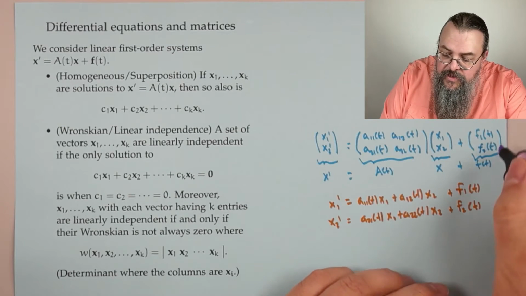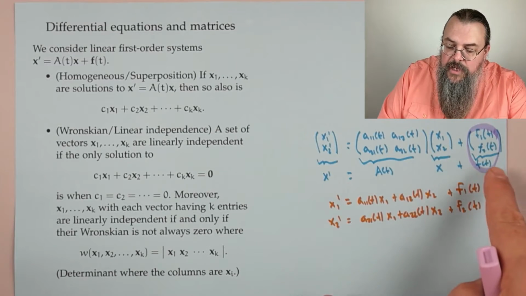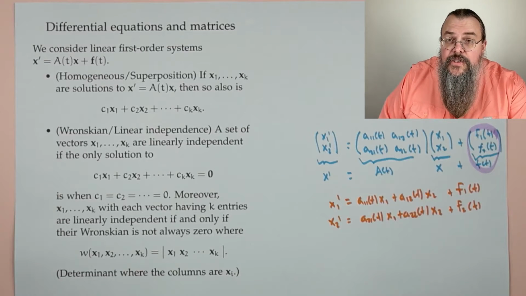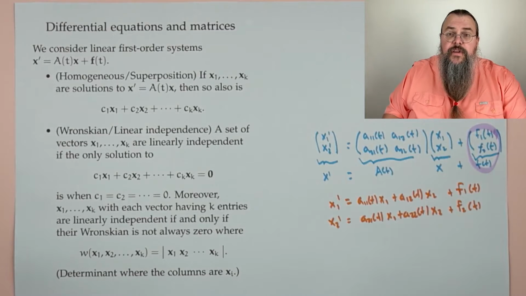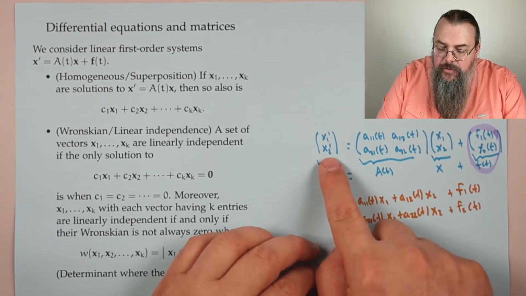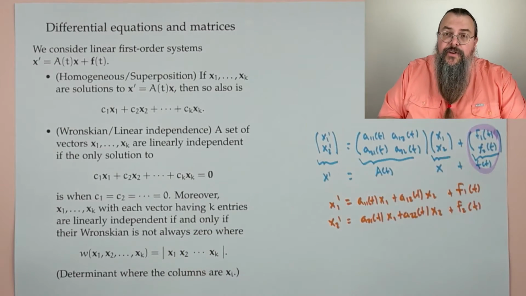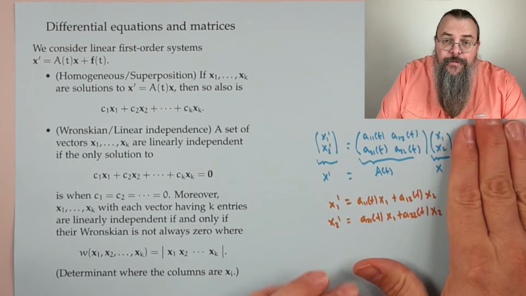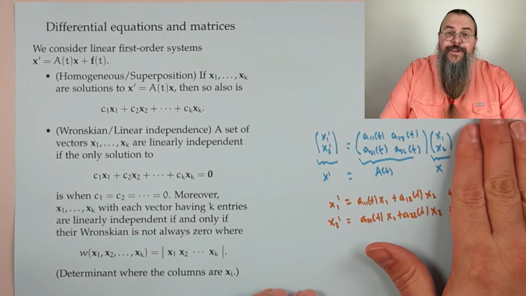So homogeneous, non-homogeneous comes down to this piece. To be homogeneous says there's no extra stuff that isn't attached to the functions we're solving for. Non-homogeneous says there is stuff that's not attached to our functions. See, x1, x2, those are what we're trying to solve for. So it's as simple as non-homogeneous, homogeneous. All right, good.